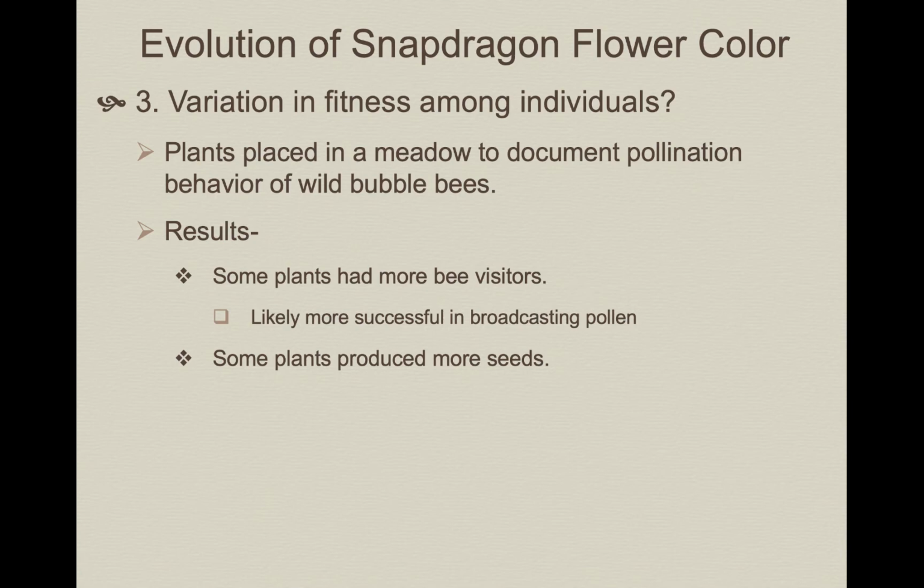And bee visitation is linked to pollination. So these individuals that received more bee visitors were more likely to broadcast their pollen, such that reproduction could then occur to produce a better seed set in individual flowers that are receiving that pollen. And sure enough, some plants did produce more seeds.